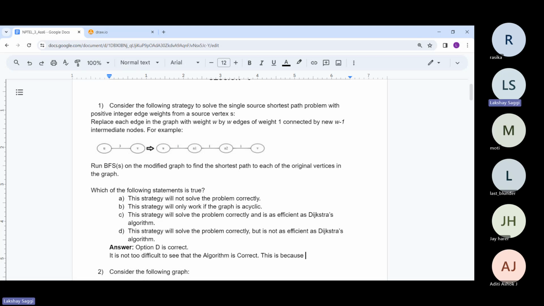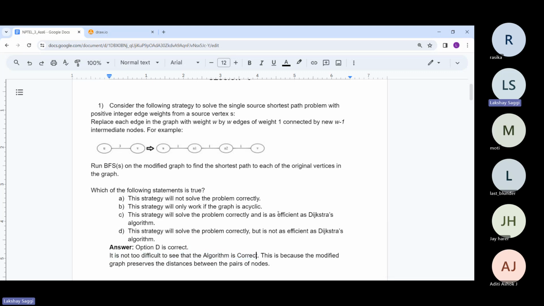This is because the modified graph preserves the distances between pairs of nodes. So actually this part is quite trivial, that the algorithm will be correct.